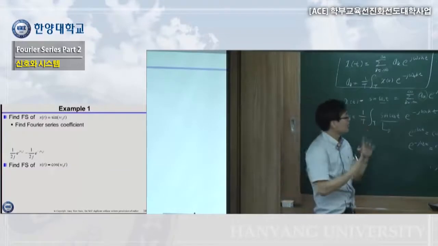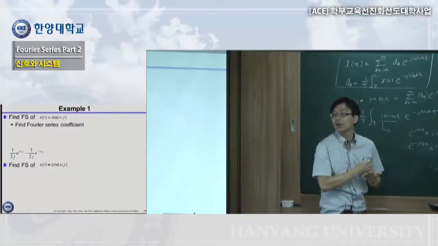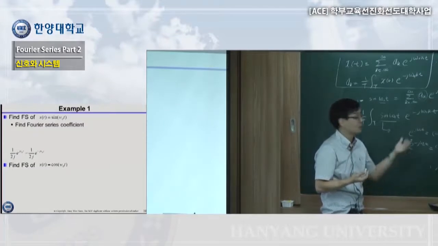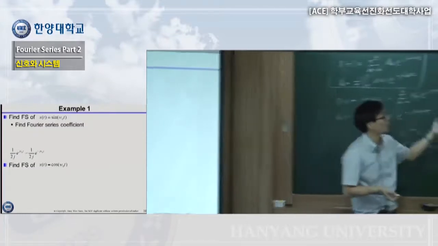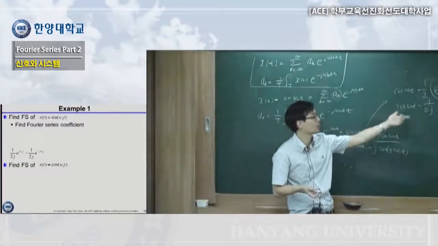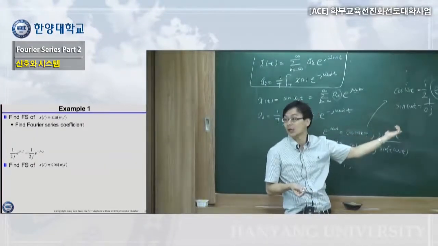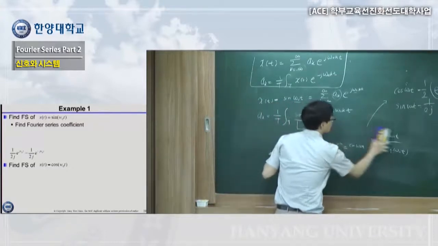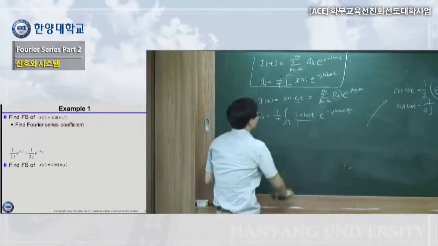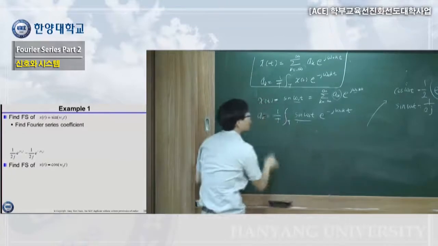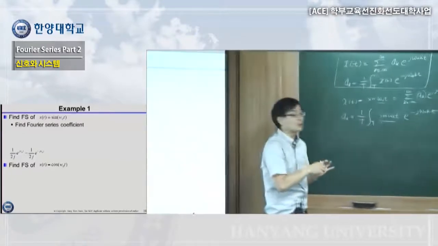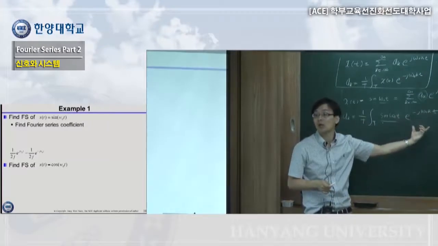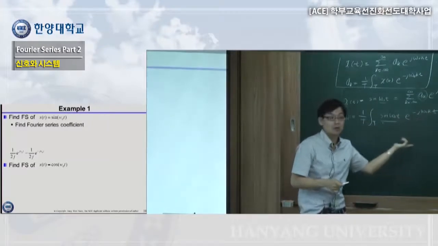In many cases, especially in Fourier transform and Fourier series, if you see sine or cosine, you intuitively change it to: okay, it will be half of the plus, or half of the minus divided by j, like this. From here, we can rewrite. The reason we change to exponential is that there's an exponential here, so we want to have some match.